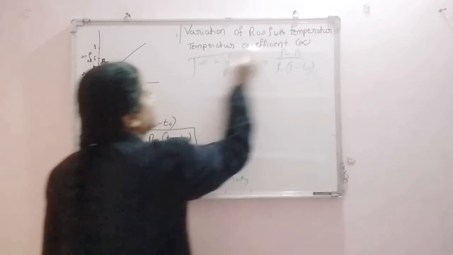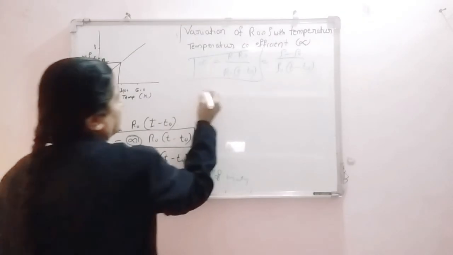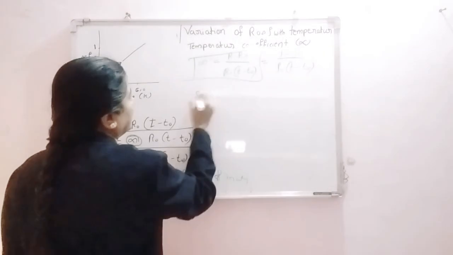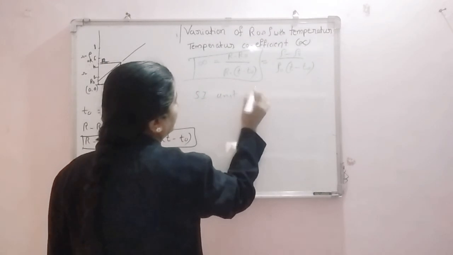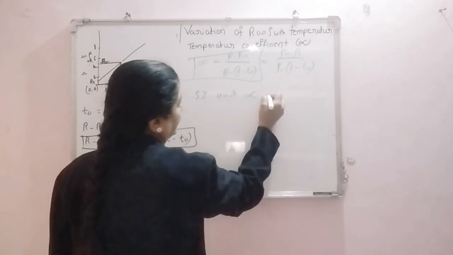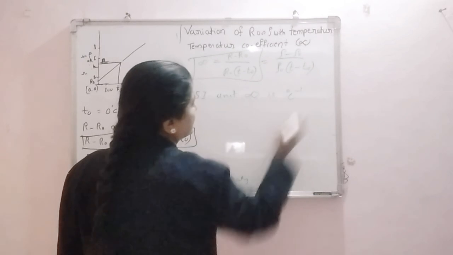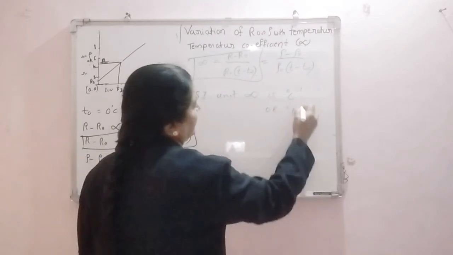So what is the SI unit of this temperature coefficient? The ohm gets cancelled. The SI unit of the temperature coefficient is per degree Celsius or per Kelvin.